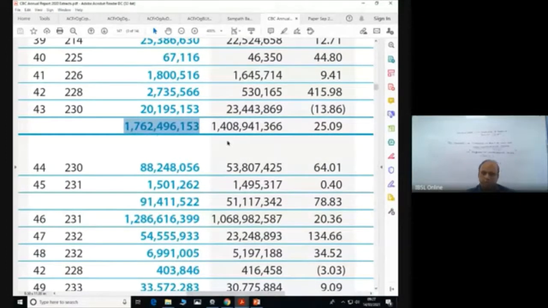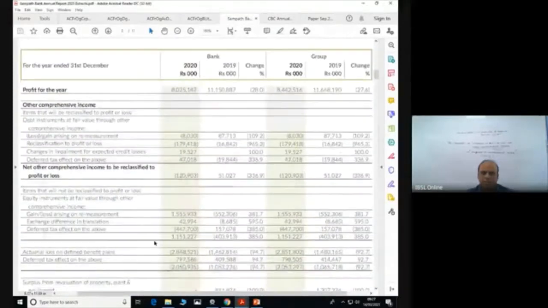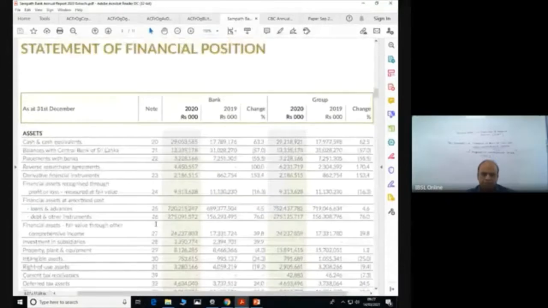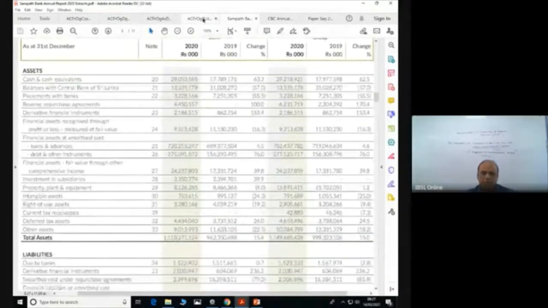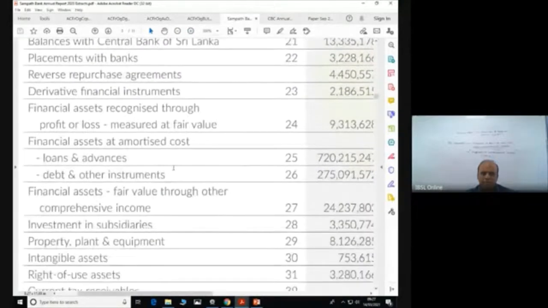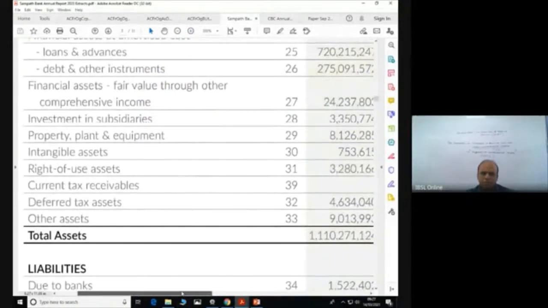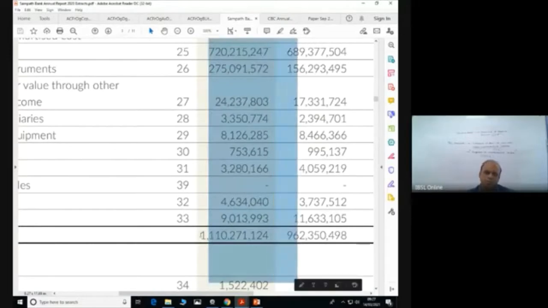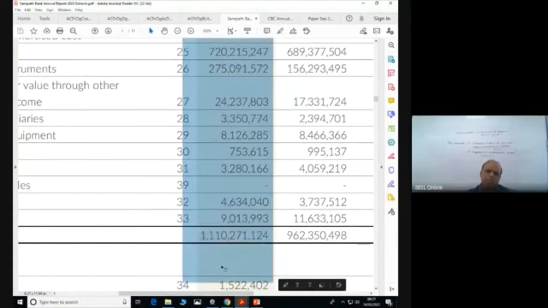So similarly, let's look at the statement of financial position of Sampath Bank also. They also have a balance sheet of 1 trillion. You see, 1110271124. So that's a huge amount. These are huge amounts.